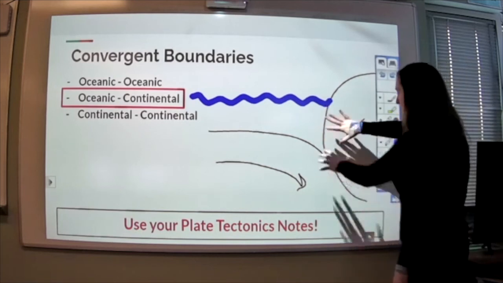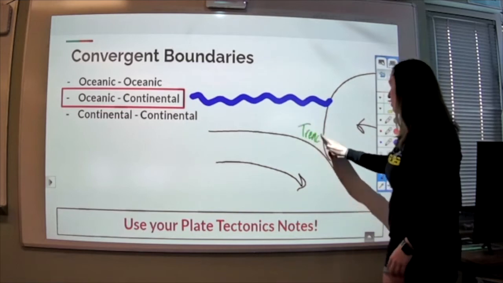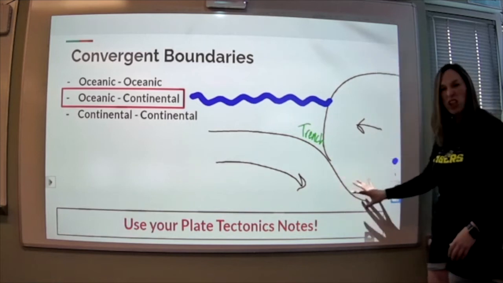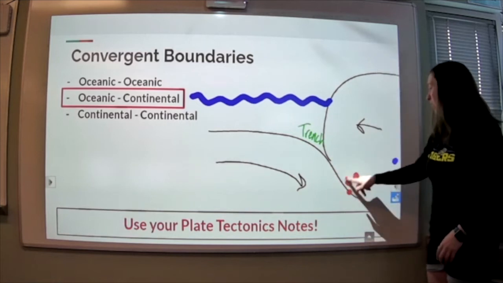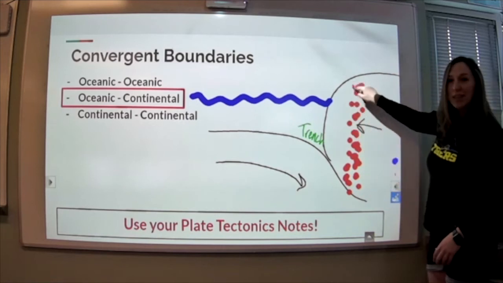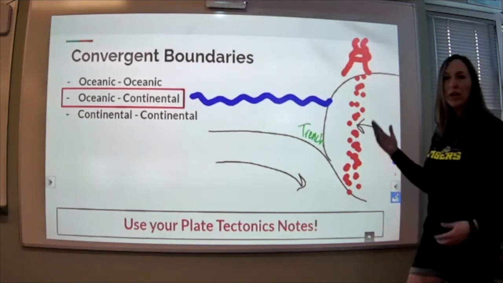This place where they're scraping into each other and pulling it down, that is our trench. This event here where we have this friction causing it to melt, hot things rise because they're less dense. We get our volcano.